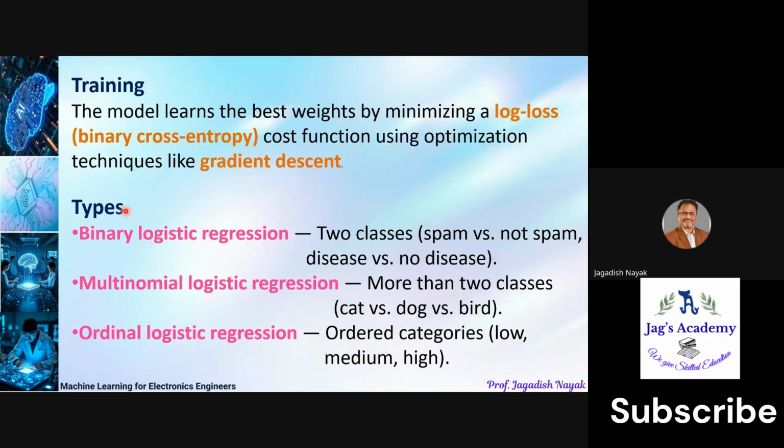How is the training done? The model learns the best weights by minimizing something called log loss, or binary cross entropy, also called the cost function, using optimization techniques such as gradient descent.